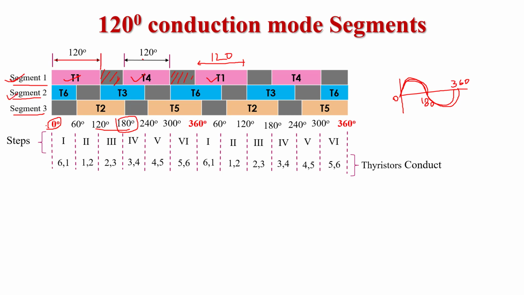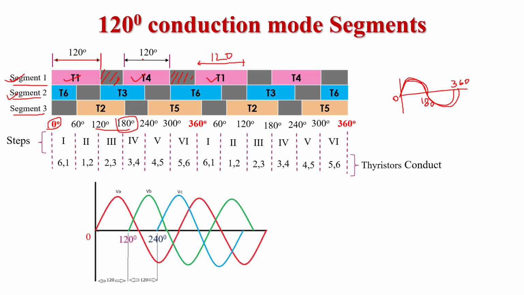As I have already told, in a 3-phase power supply, if one phase starts from 0 degree, the second phase starts from 120 degrees and the third phase starts from 240 degrees. So segment 2 is in phase B. In phase B, we give a firing pulse to thyristor T3 at omega T equals 120 degrees and T3 conducts for 120 degrees, that is 120 degrees to 240 degrees.